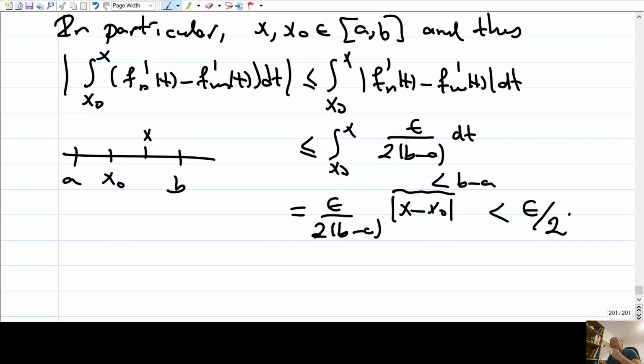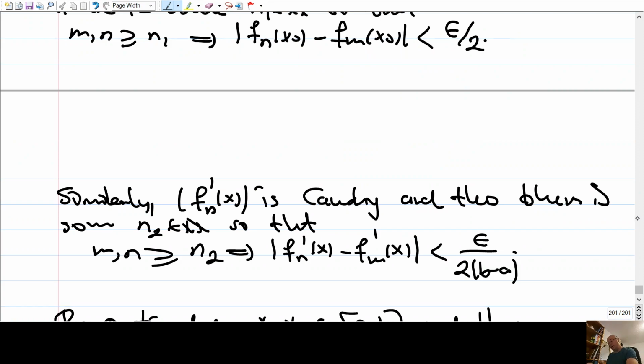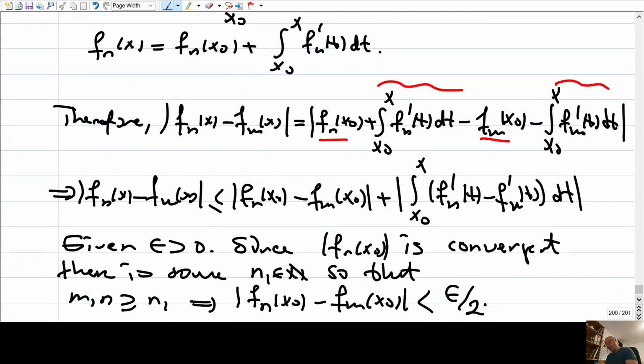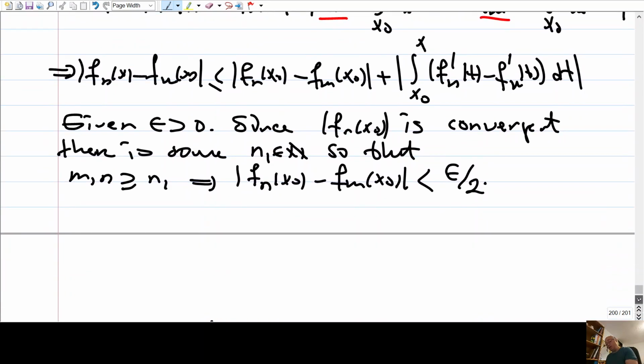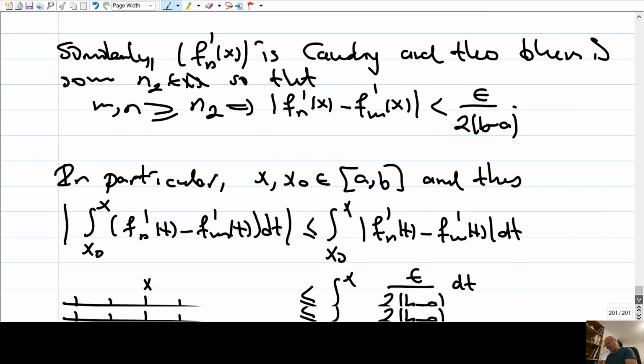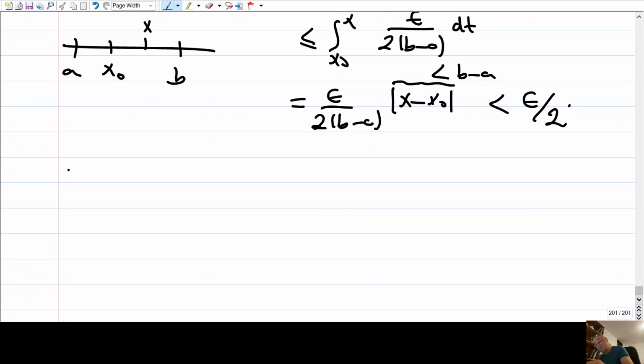So what I have, both this term and this term are less than epsilon over 2. This is less than epsilon over 2 if the indices m and n are larger than n1, and this is less than epsilon over 2 if m and n are larger than n2. So I choose my n0 to be the maximum of n1 and n2.